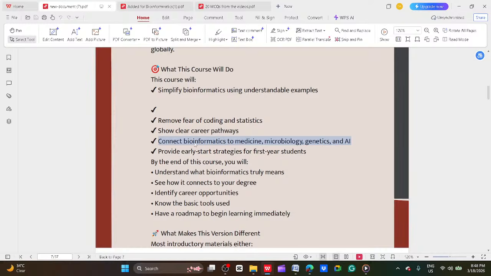So that's why I said in this course, bioinformatics connects with medicine, drug design, not only that, antibiotic resistance prediction. Then also connect bioinformatics with microbiology, connect it with genetics, and connect it with artificial intelligence.